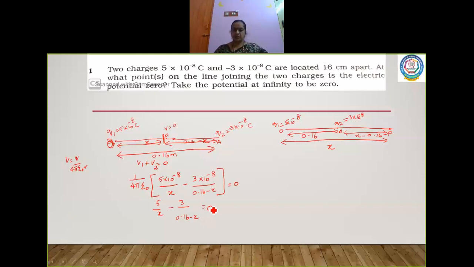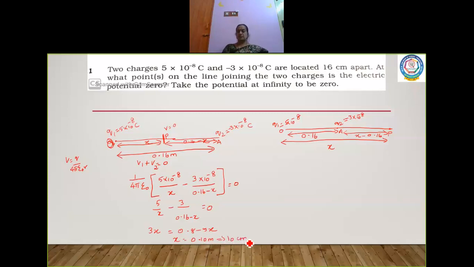When I cross multiply, I have 3x is equal to 0.8 minus 5x. When I simplify, the value of x will be 0.10 meter or 10 centimeter.